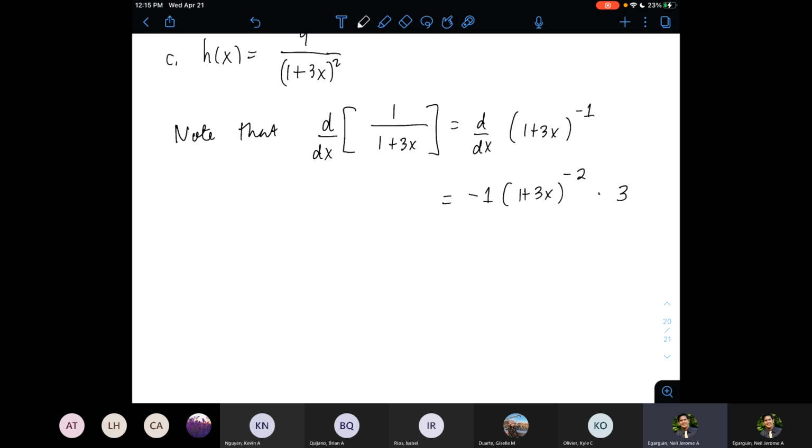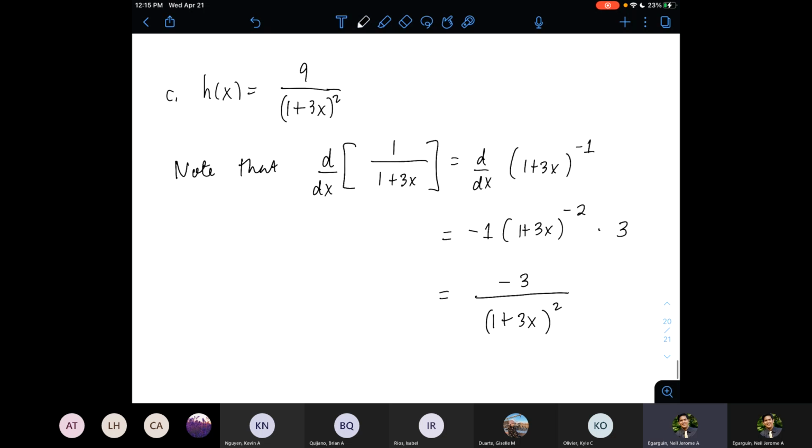I need to apply the chain rule there. So this would be -3 all over 1 plus 3x quantity squared, right? That's the derivative, which is a little bit different from what we have before, but the nice thing is that they only differ with a constant on top.